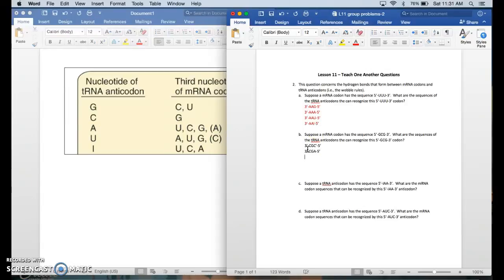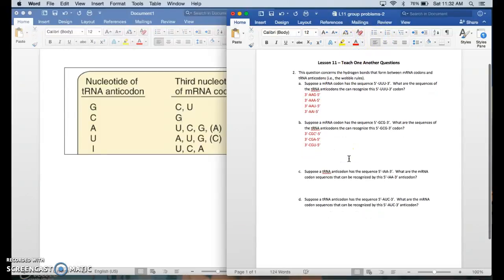And then finally, our third one is CG, and then the other place where G sat is U. So that would be our third answer, and those are the 3 answers for part B. So I hope that part makes sense, because part C and D kind of switches a little bit.